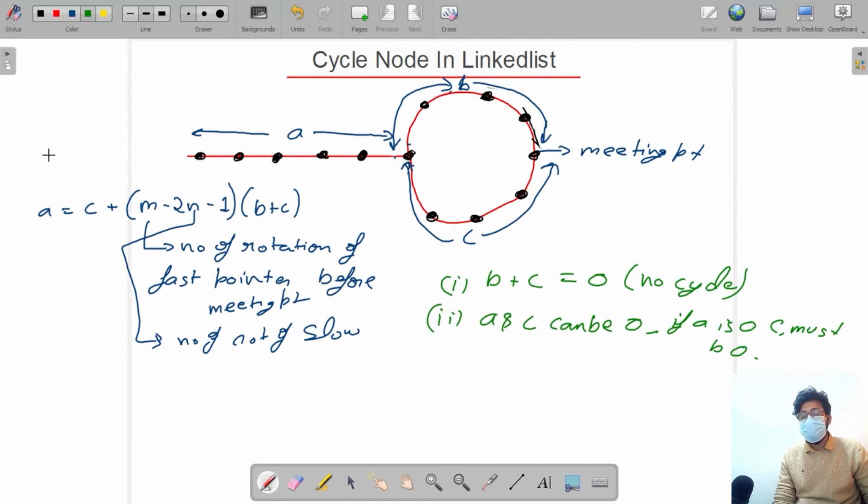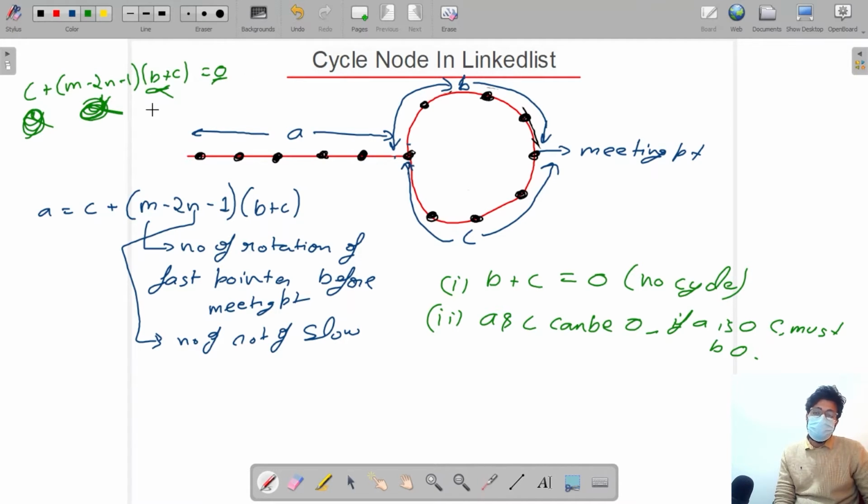If A is 0, then our equation C plus M minus 2N minus 1 times (B plus C) should be equal to 0. There are two terms, and B plus C cannot be 0, so C has to be 0 and M minus 2N minus 1 has to be 0. If C is equal to 0 and this is equal to 0, then only A can be 0.